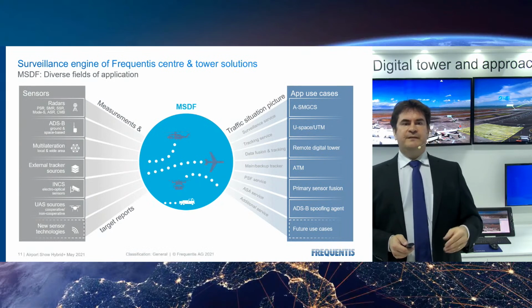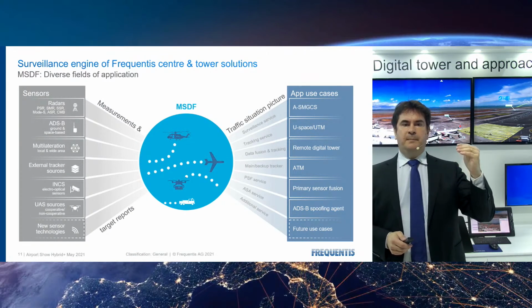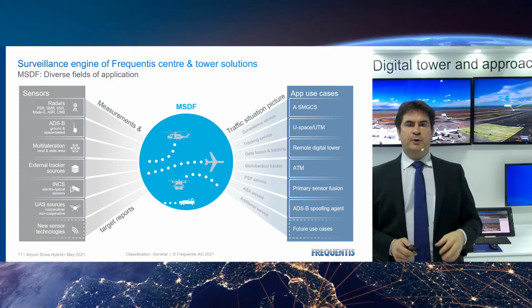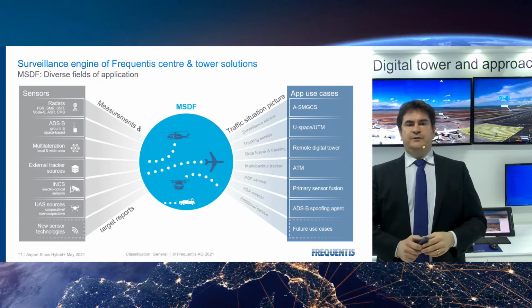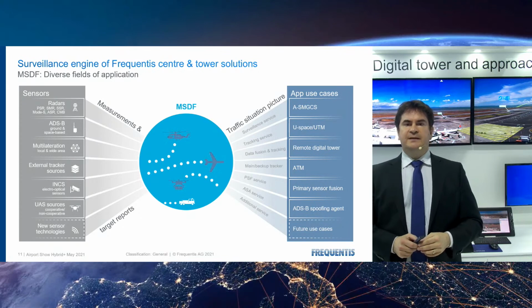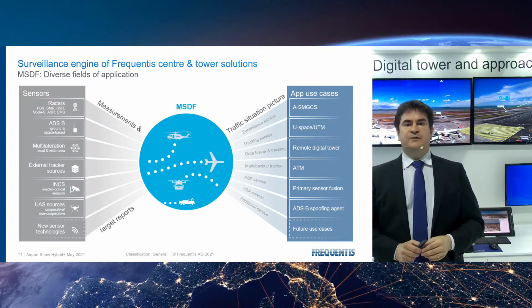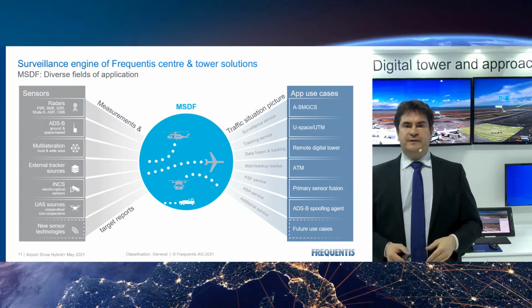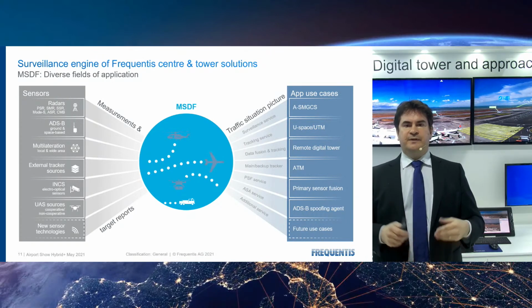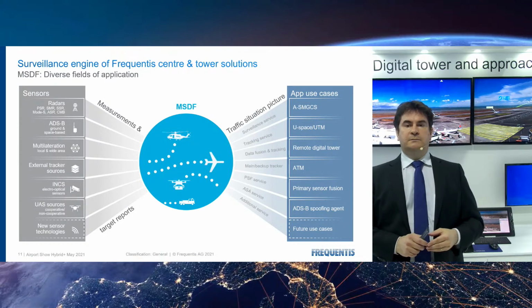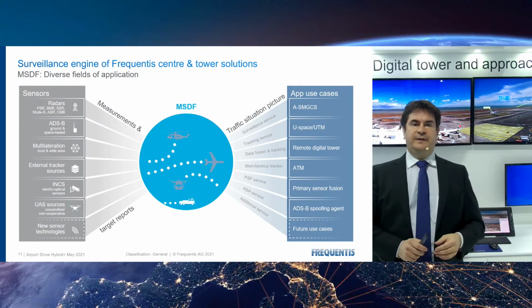Data fusion means that we take measurements and target reports, put them into our MSDF, multi-source data fusion system, and send the information out to the users. There could be a wide variety of users, for example, ATM users, SMAC users, or ADS-B anti-spoofing agents.